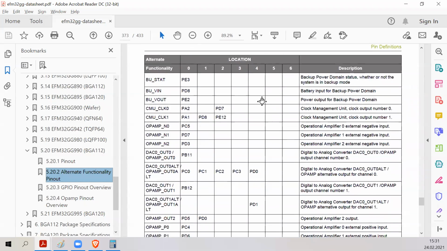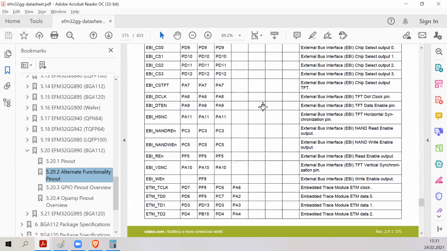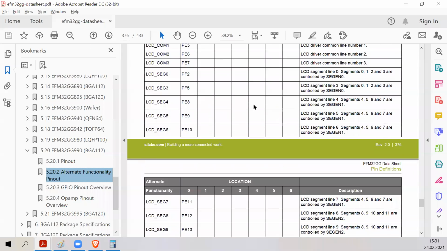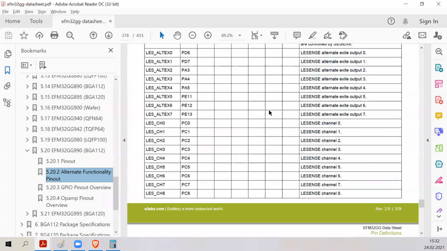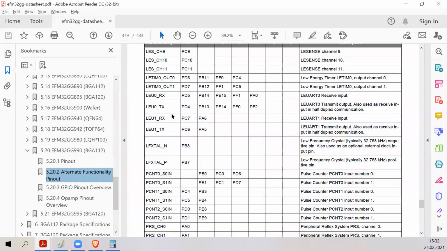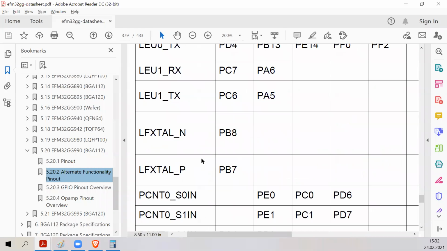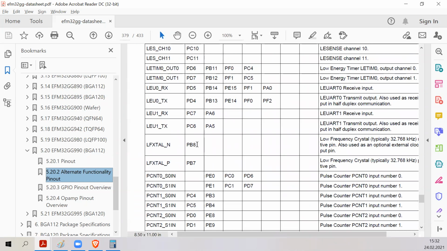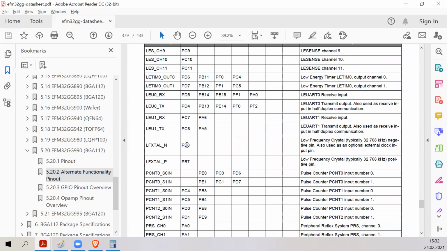Let's search for the letter L, low frequency crystal oscillator pins. You can see here that if you want to connect a low frequency external crystal, you connect it between port B pin 8 and port B pin 7. Two pins are dedicated for that. And if you want to use the internal one, you can use these pins as anything else, as GPIOs to turn LEDs on and off and so on.